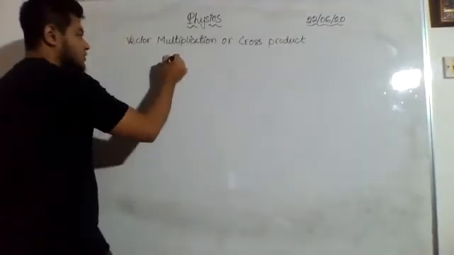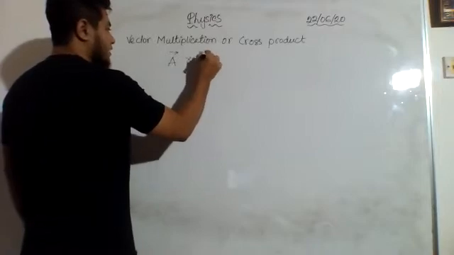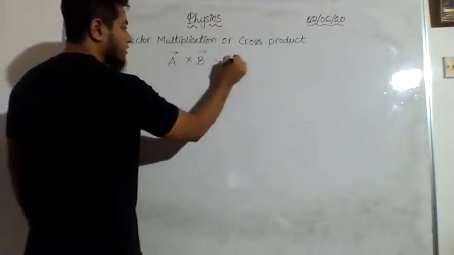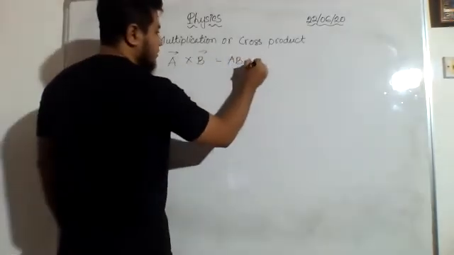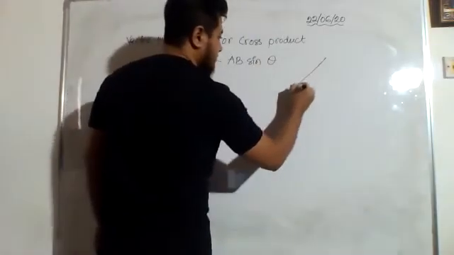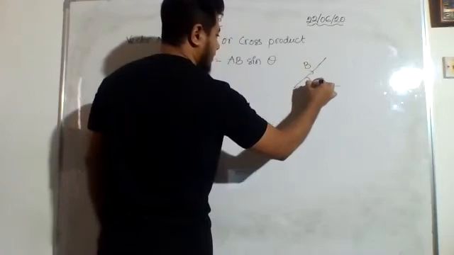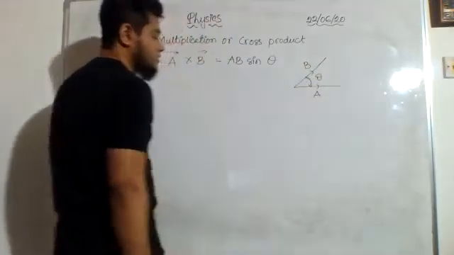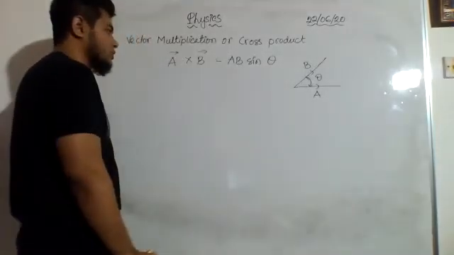Now, from the definition, we already got to know A cross B is equal to the magnitude of the two vectors, that will be AB, and sine of the angle between them. If the angle between them is theta, that means if A and B are acting at an angle theta with each other, then we can write AB sine theta, cross product.